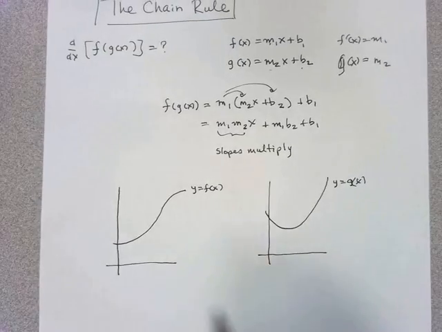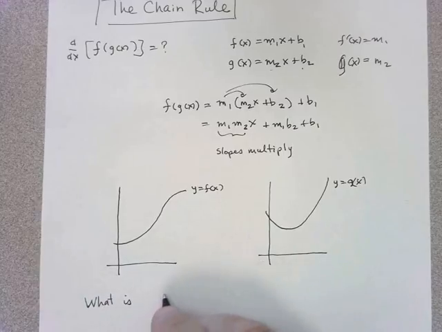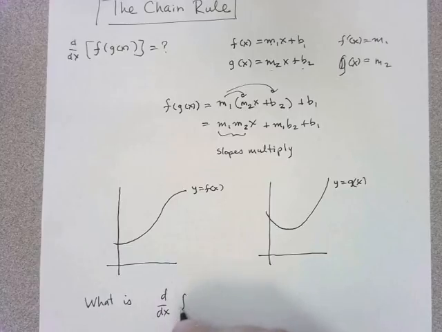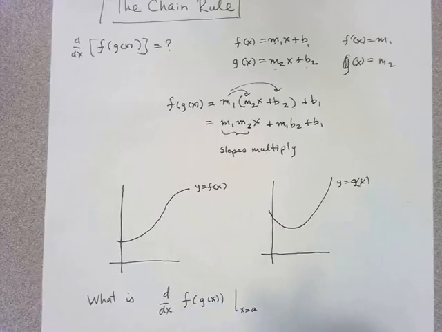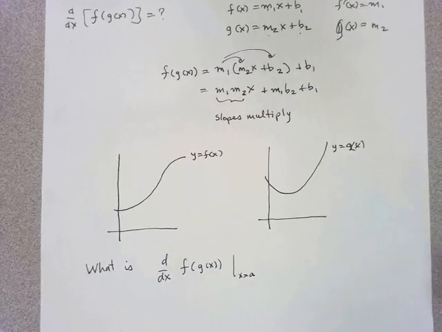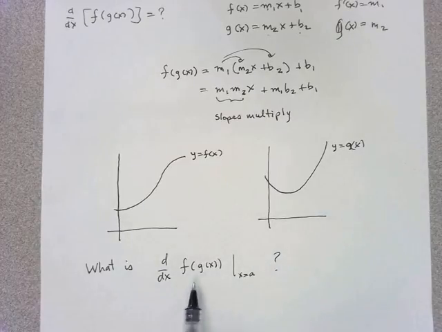And I want to try to understand what is the derivative of f of g of x. And let's say I want to do this at some value, let's say x equals a. So what does it mean to put a into this function before I think of the derivative?